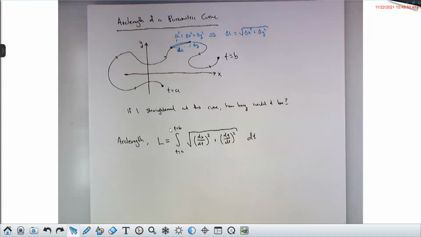And then to get from there to this integral, you technically would build up a Riemann sum out of these, multiply through by delta t over delta t, shove one of them inside, that gives you the delta x over delta t squared plus delta y over delta t squared, and leaves you a delta t outside to form dt in your limit. I'll go through the full derivation of the arc length formula in class next time.